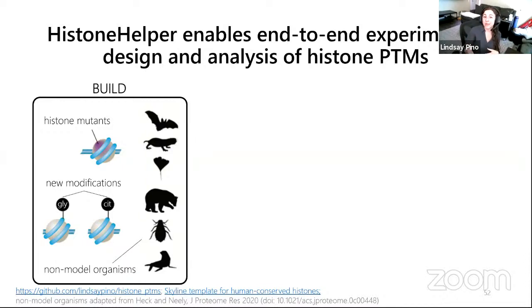And then finally, doing non-model organisms. I have collaborators that are honestly doing all kinds of organisms, from slime mold to leafcutter ants to, of course, human. So all of these are going to require a slightly different approach. Using Skyline, it's very easy to accommodate any of these experimental systems.